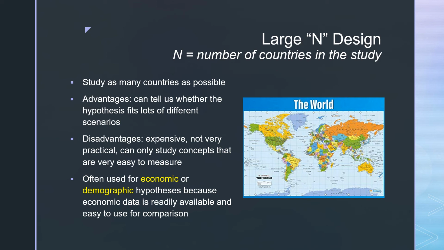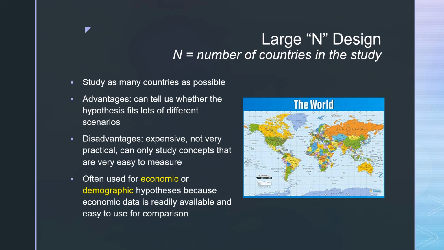The next type of research design is the large N design, and it is very much the opposite of the case study. The letter N there means the number of countries in the study, and so a large N design means it has lots of countries. The large N design says study as many countries as possible, as many as you can get data for, and that will tell us whether the hypothesis fits lots of different scenarios.